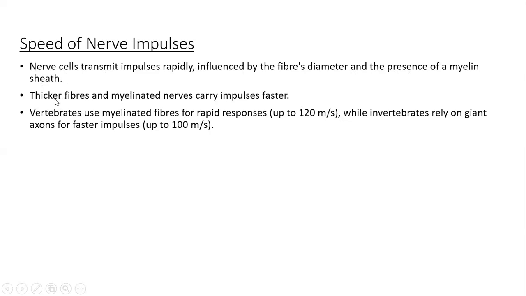If it is thick, it can increase the speed of nerve impulse transmission. Vertebrates have myelinated fibers, with rapid responses up to 120, while invertebrates rely on giant axons for fast impulses.